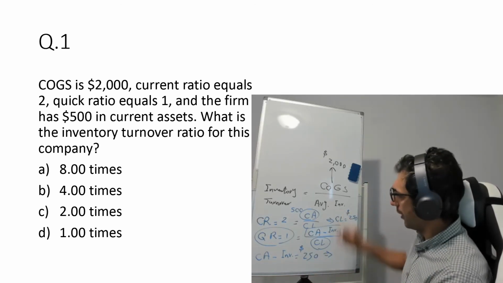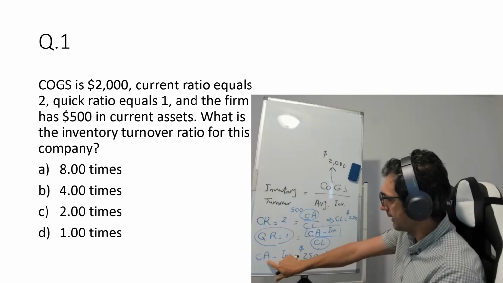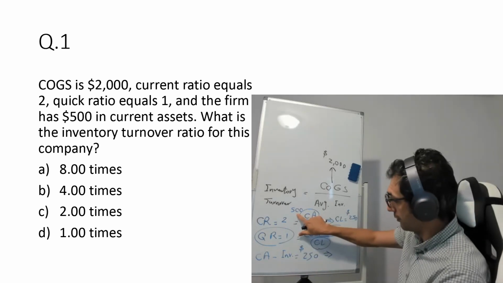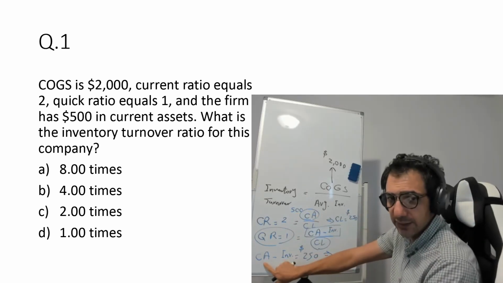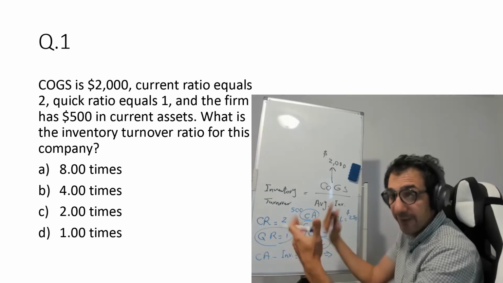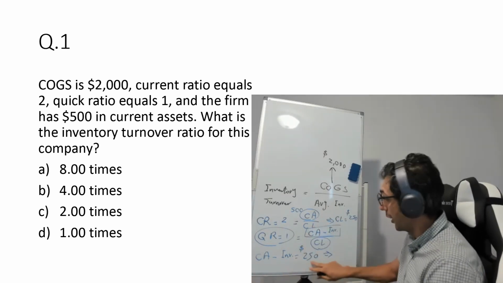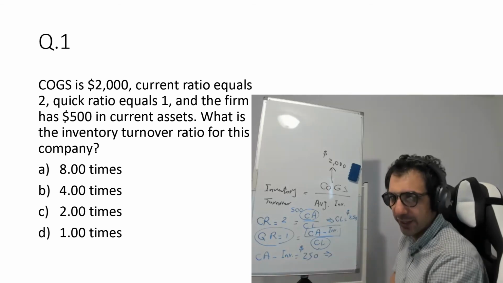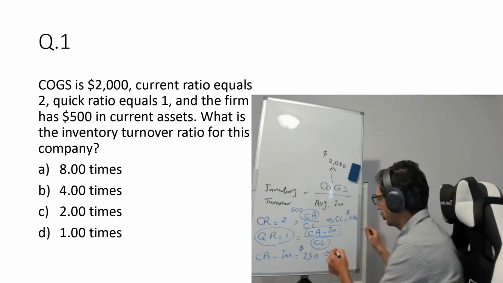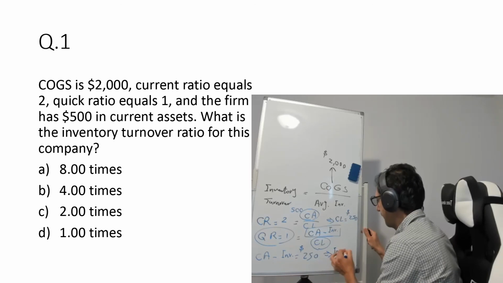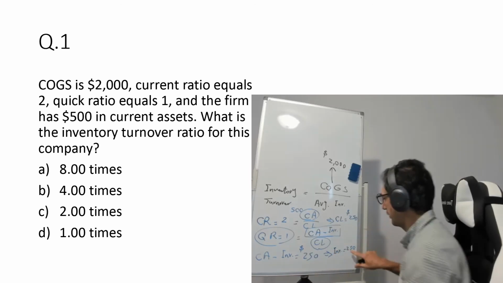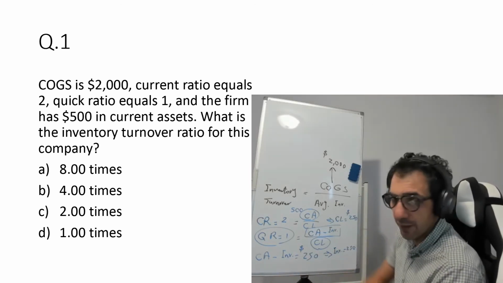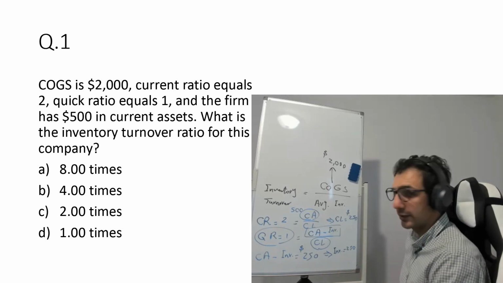Our goal is to find the inventory. The current assets are already given, $500. So $500 minus inventory, which we don't know, equals 250. So what is the inventory here? You're right. The inventory should also be 250, because if you deduct 250 from $500, it gives you $250.